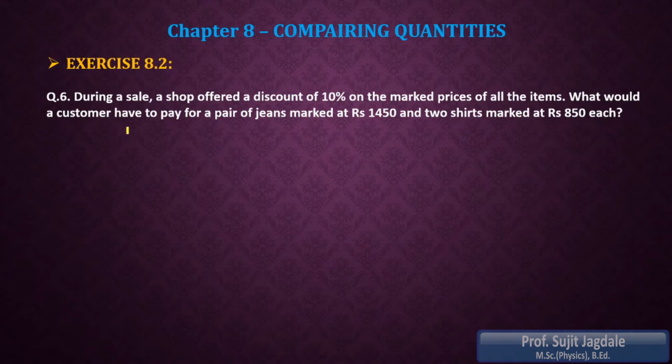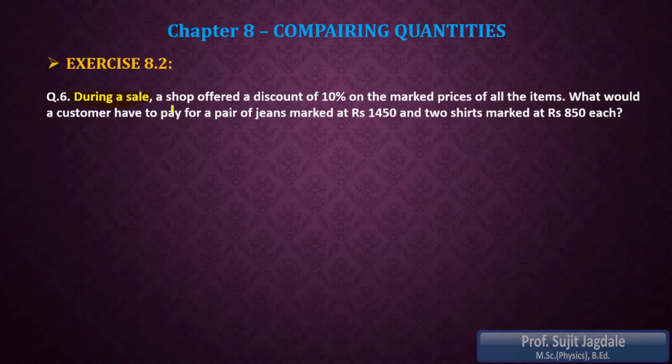Now we are going to start the next question, which is question number 6. First we will see what the question is. During a sale, you are all familiar with sales, like a 10% discount or a 20% discount. During the festival season there are more sales, and most shopkeepers offer discounts.